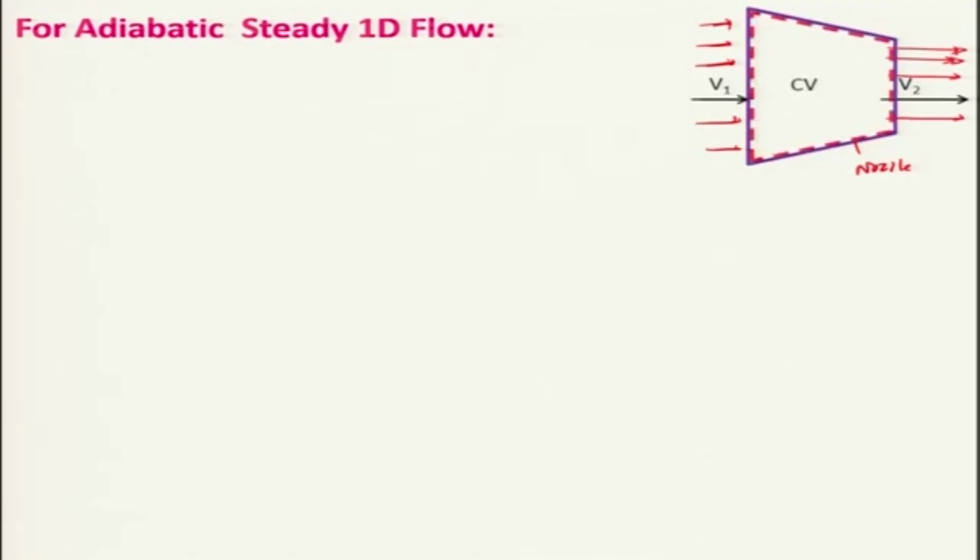And let us consider this is my control volume and this is your station 1 and this is your station 2, and in this case there is no shaft work because there is no shaft which is doing some work. Similarly, we are considering there is no heat interaction because these are adiabatic walls.